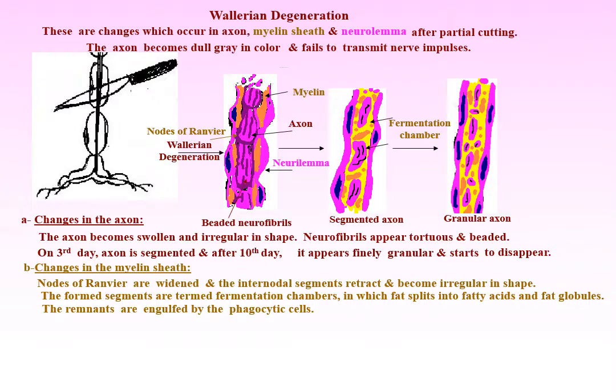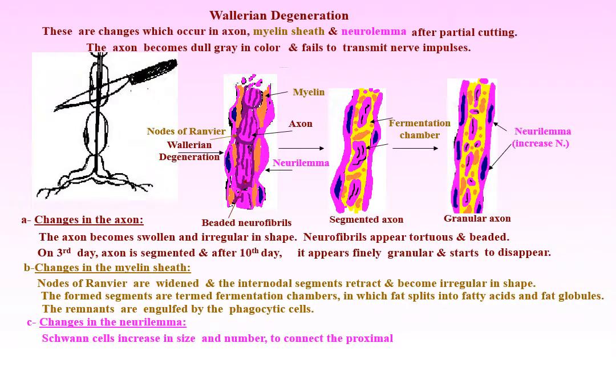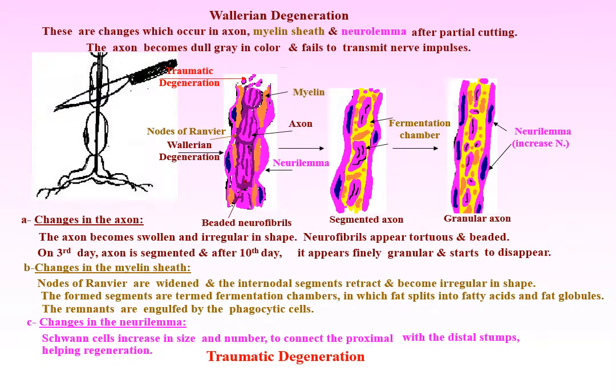The remnants of the myelin sheath are engulfed by phagocytic cells. Changes in neurolemma. Schwann cells increase in size and number to connect the proximal with the distal stumps, thus helping regeneration.